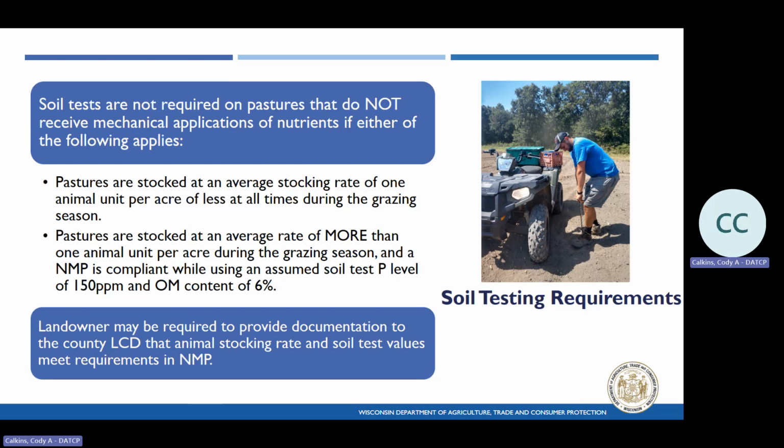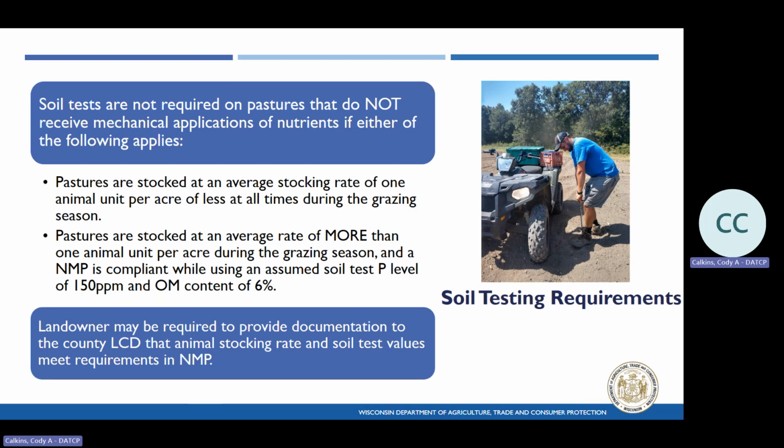Again, soil tests are not required on pastures that do not receive mechanical applications of nutrients if either of the following apply. That stocking rate is lower than 1 animal unit per acre at all times during the grazing season, or pastures are stocked at an average rate of more than 1 animal unit per acre during the grazing season, and a nutrient management plan is compliant while using an assumed soil test P level of 150 parts per million and organic matter content of at least 6%.